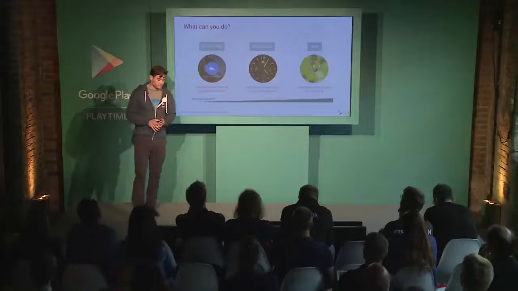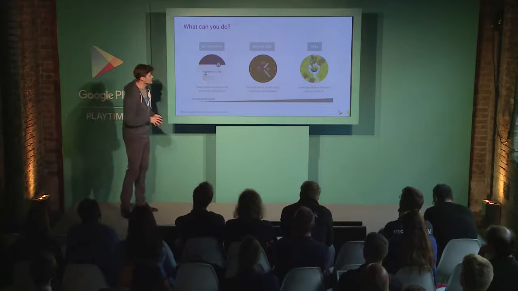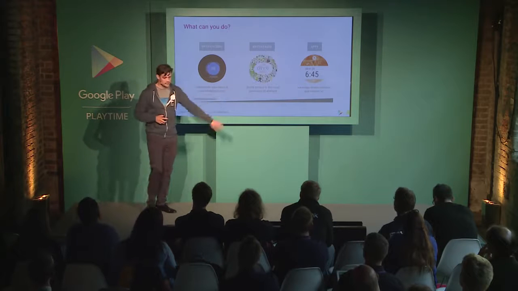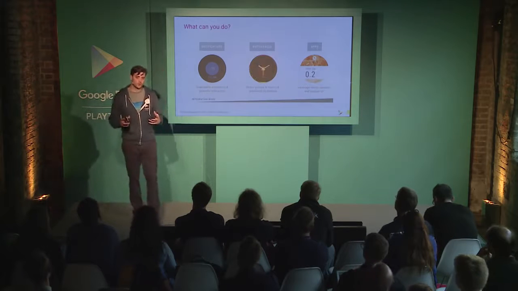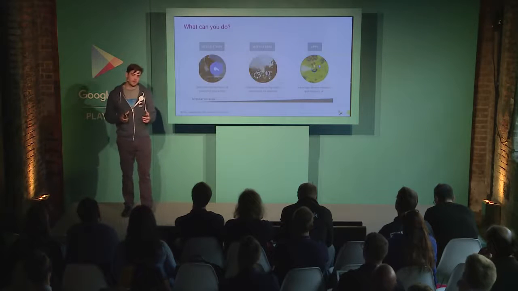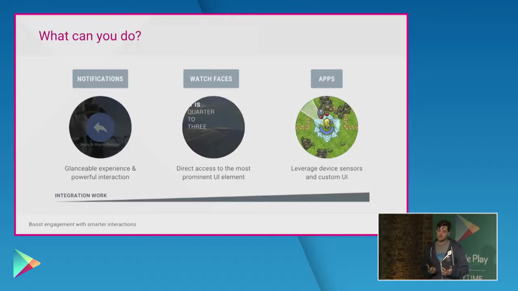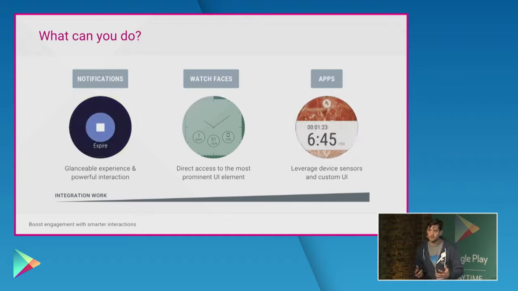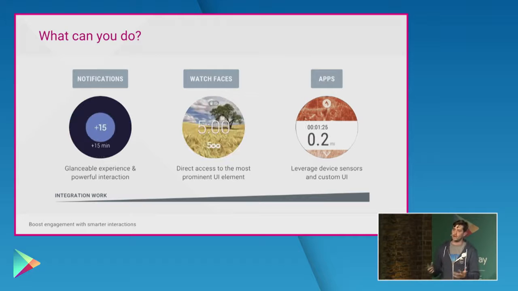Talking about Wear, there are really 3 use cases that, in order of integration work and complexity, you can do to drive users of the Wear platform and of our smartwatches back into your app and to interact with them. So notifications is great because mostly notifications already work out of the box.